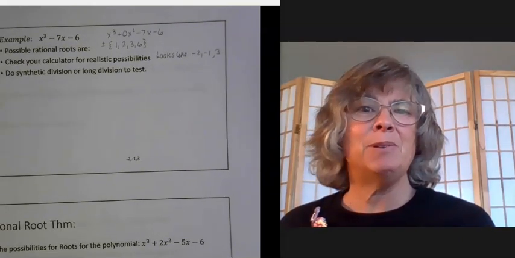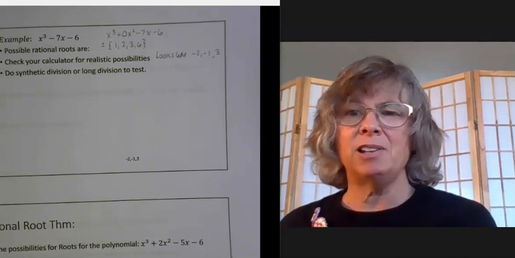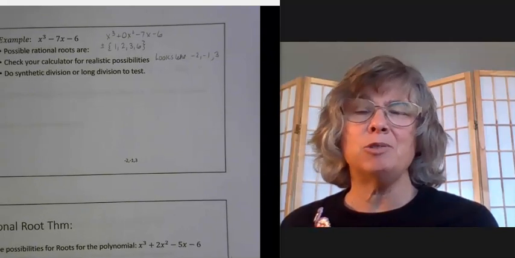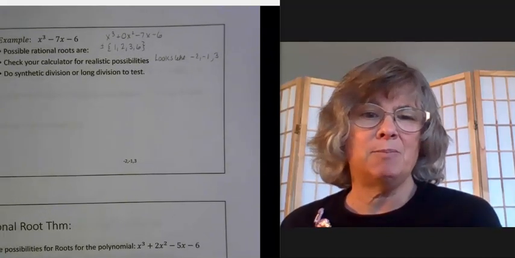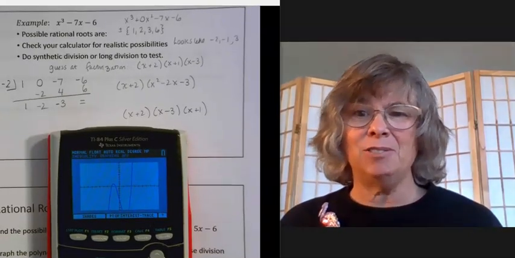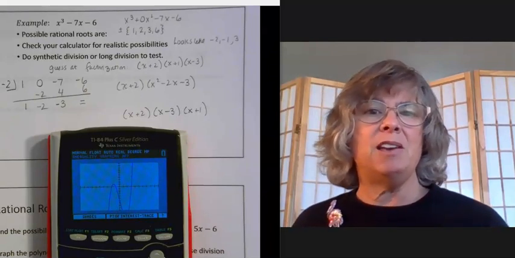Here's the setup. Those are the possible rational roots. We checked our calculator. We got the set of realistic possibilities. Now we're going to do synthetic division. It doesn't matter which one you start with, whichever one you like better. I chose the -2 to see if -2 was indeed an x-intercept, so x plus 2 would be a factor.